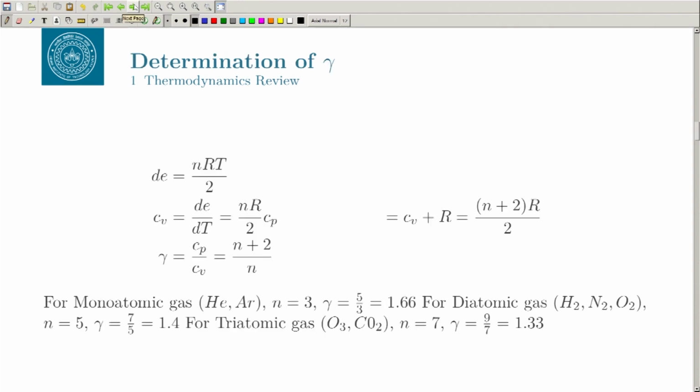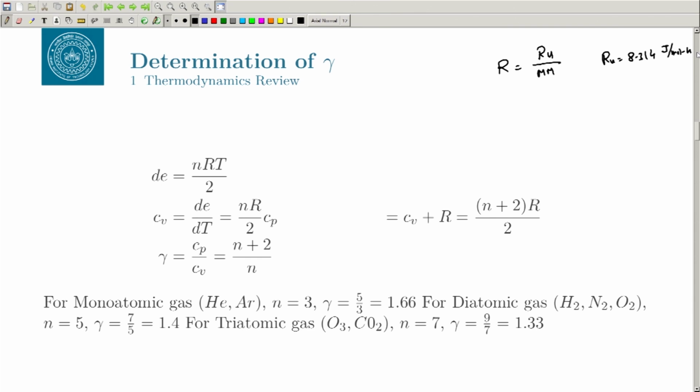Now, in the last class we discussed that the value of R depends on the gas, because this is basically Ru by molecular mass. Ru is equal to 8.314 joule per mole Kelvin.